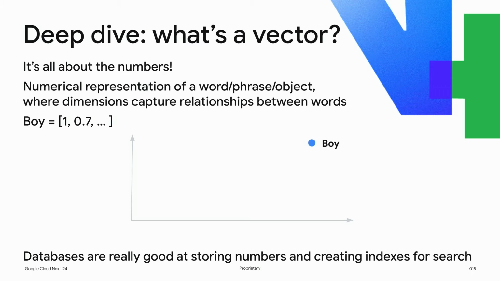Yeah. The boy example here is just a made-up example. I didn't really get the embedding for boy, but you can imagine if you just plotted the first 2 coordinates in space, it would be somewhere on this 2D image. Now what gets really interesting is if you add additional words or concepts, for example girl and then Ken and Barbie. With the way embeddings work, it'll cluster boy and girl closer together because they're both people.